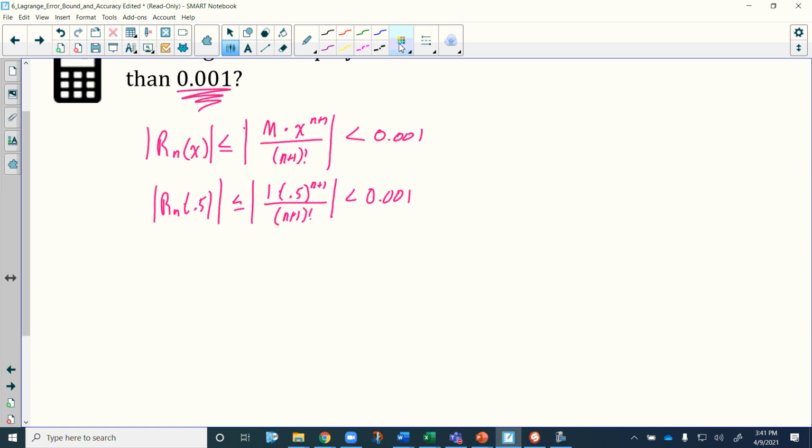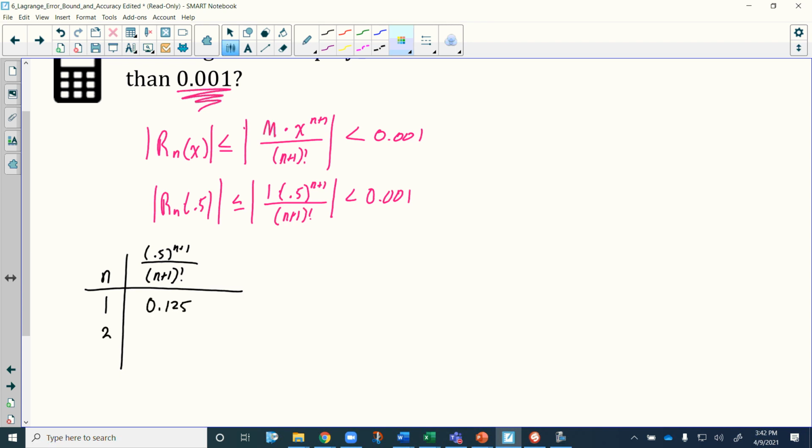We're going to say n, and my output was 0.5 to the n plus 1 power over n plus 1 factorial. So I'm going to just go to my calculator and say, okay, when n is 1, what do I get when I substitute it into that? And I got 0.125.